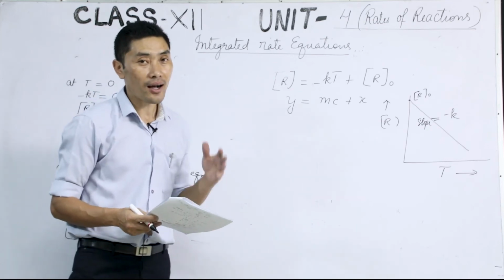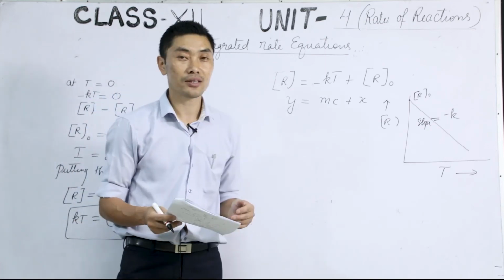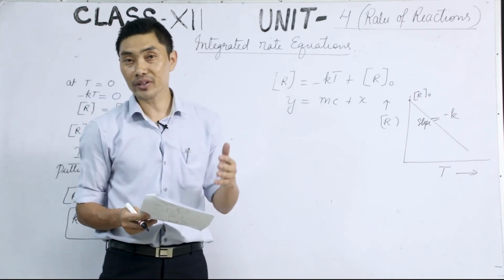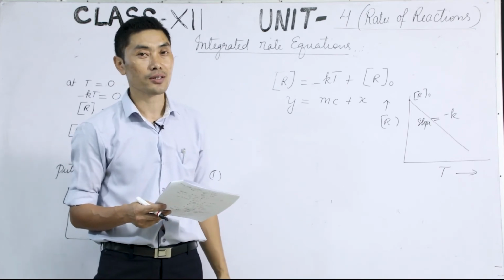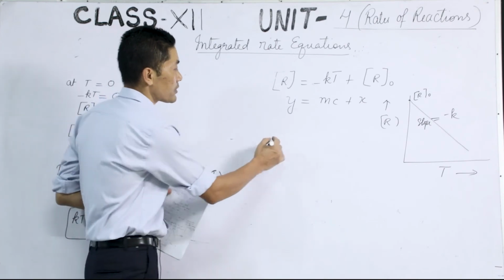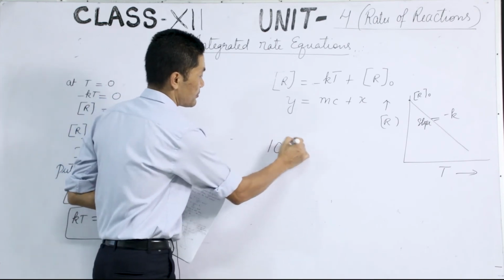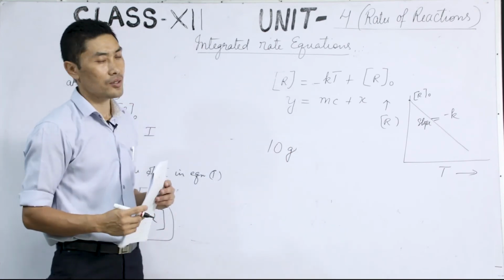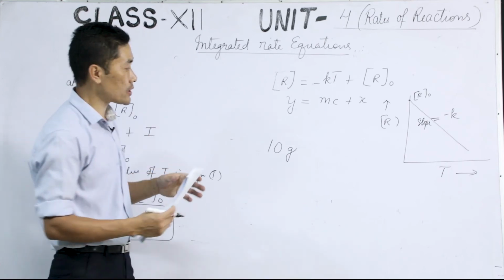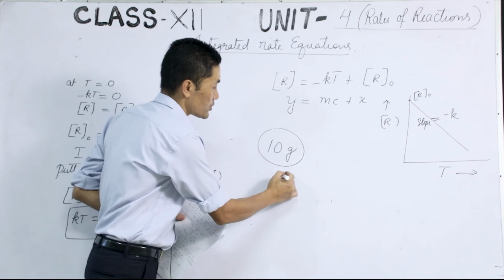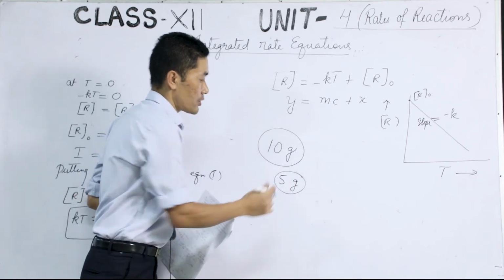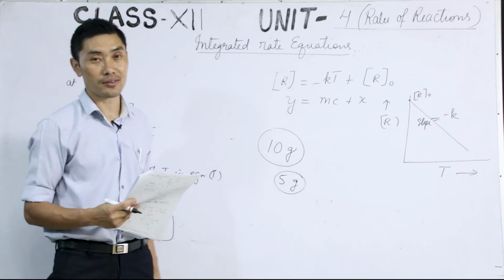Again, half-life of a reaction is the time period in which half of the reactant gets used up. So if we start with 10 gram of a reactant, the time period in which the concentration 10 gram becomes 5 gram, that will be the half-life of the reaction.